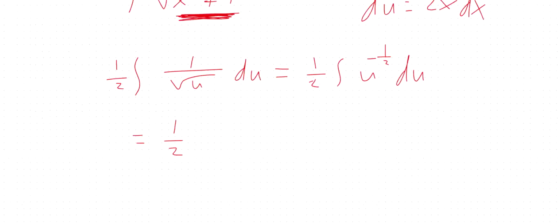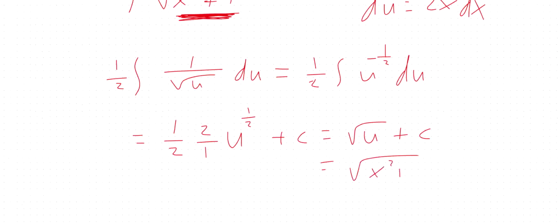Then add 1 and then divide by what that exponent is. So flipping it. And we end up with a square root. Our u is x squared plus 4. Makes it look more like 4.